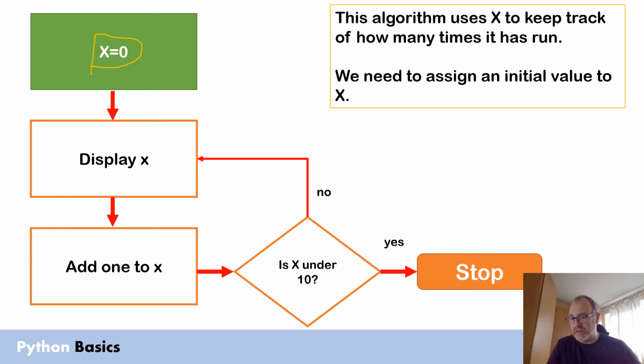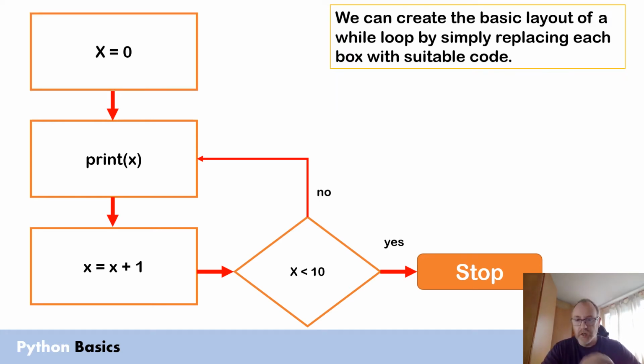I'll put x equals 0, so x has the value 0 assigned to it, and I can do that through the rest of this code. But it is really important that we have some form of variable which keeps track of where we are in the loop. What I've done now is I've tweaked this flowchart ever so slightly, and instead of having more English words in my flowchart, I've changed it into code.